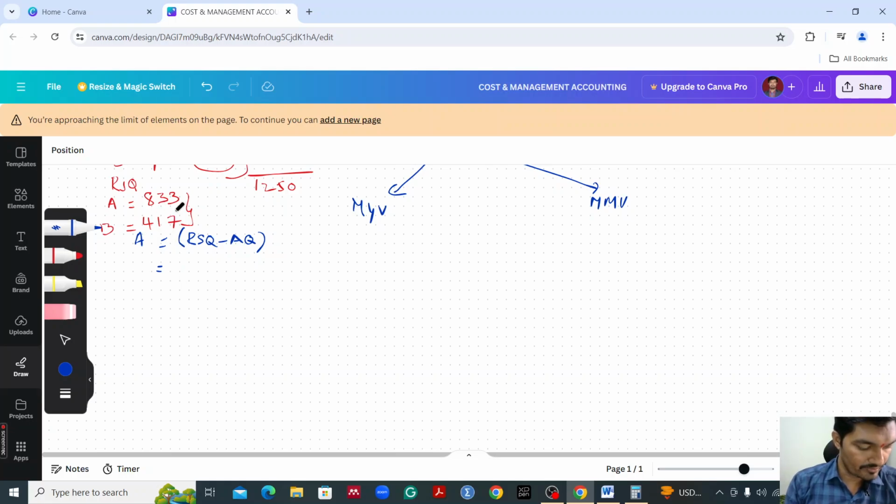But before that, this formula, standard price, this is a formula, standard price, here, right?